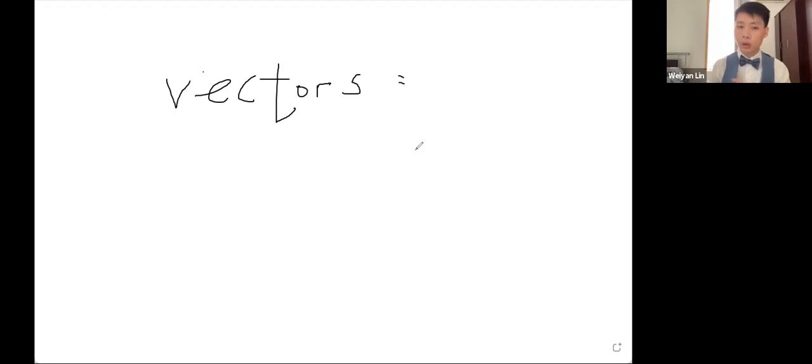Okay. So what does a vector look like, and how do we do operations on vectors, and how do we generalize straight lines, as for example straight lines in the xy plane, right?